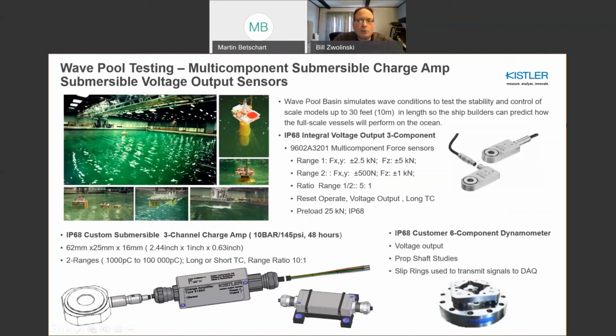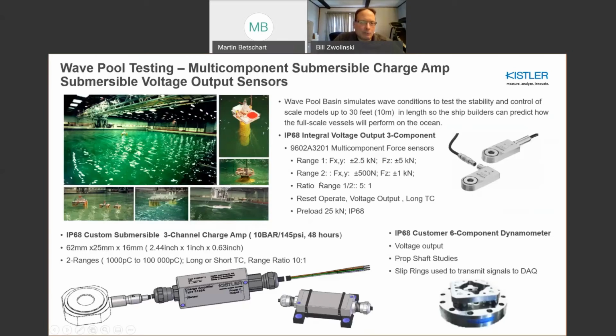So one that's been used for quite some time is this 9602, and it's basically got an integrated charge amplifier inside, 2 ranges, and the ability to switch between range 1 and range 2. It might be that you want to do some higher range hydrostatic type load testing and then lower range dynamic testing on range 2.